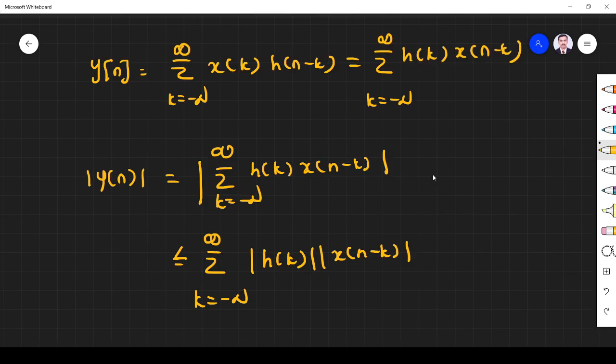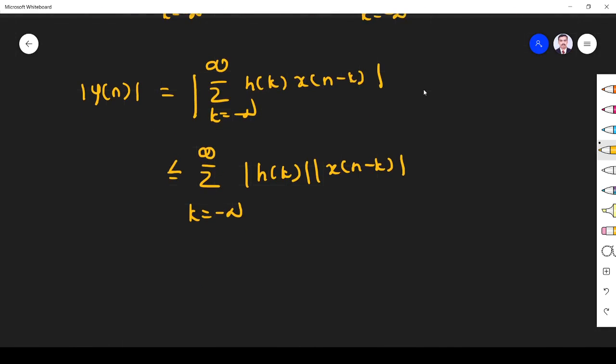What is our condition? Bounded input should produce bounded output. So we assume that the output is bounded, so y of n should be less than some value. Bounded input only I have to give. So let us assume that the bounded value is some m of x. How can I check whether a system is stable?